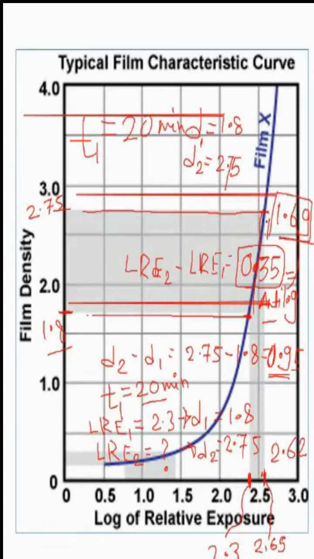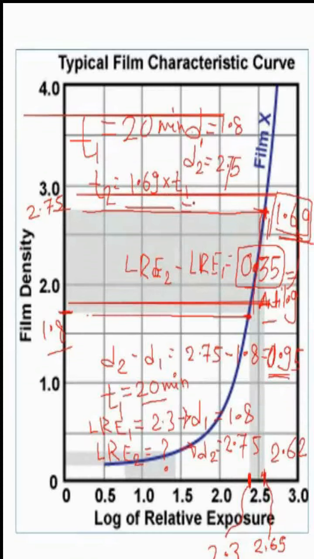Try to understand: this 1.69 gives the new time, T2 will be equal to 1.69 multiplied by T1.